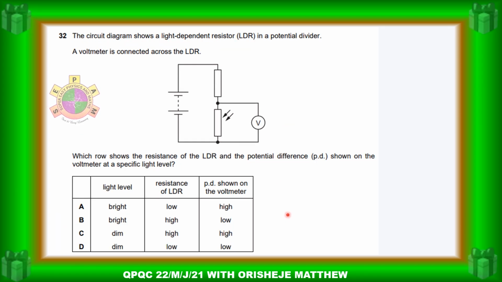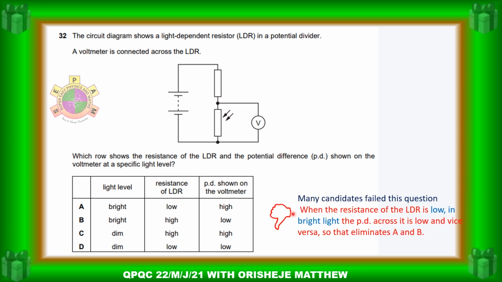Question 32. The diagram shows a light dependent resistor in a potential divider. A voltmeter is connected across the LDR. Which row shows the resistance of the LDR and the potential difference shown on the voltmeter at the specific light level?